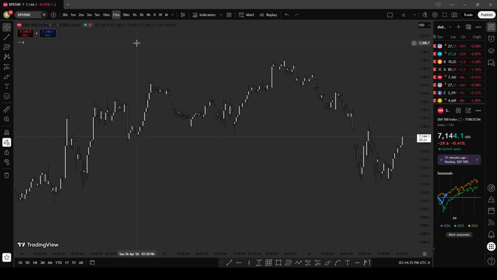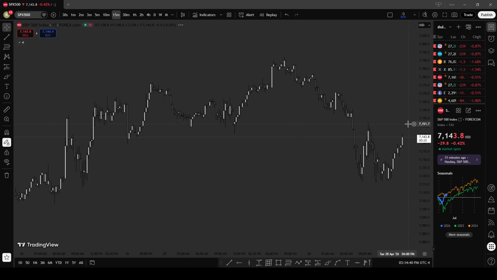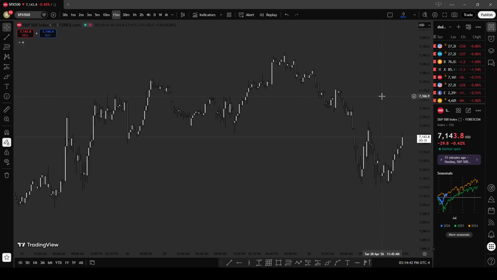Now again, fair value gaps, they're not perfect. Not every fair value gap is going to play out, but fair value gaps are incredibly powerful. If you can read the structure and you can read where price wants to go, you can use fair value gaps to find your entry point.